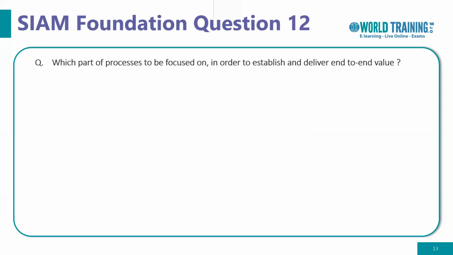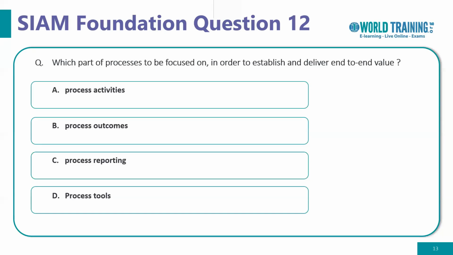Coming to question number 12, which is related to the process to be focused on in order to establish and deliver end-to-end value. So here we are talking about what is the activity in any process that delivers end-to-end value. Process activities are just providing various activities. Outcome is when somebody uses the process output, and they feel or provide feedback; that's called the outcome.